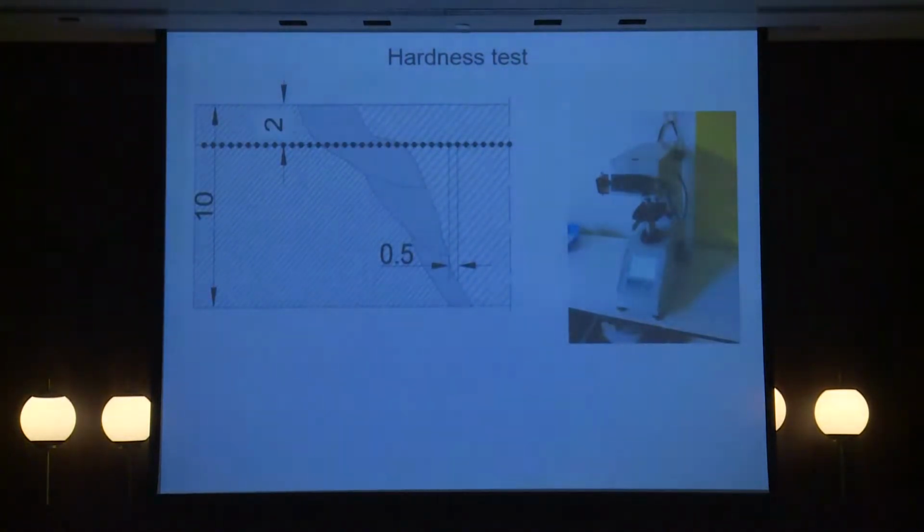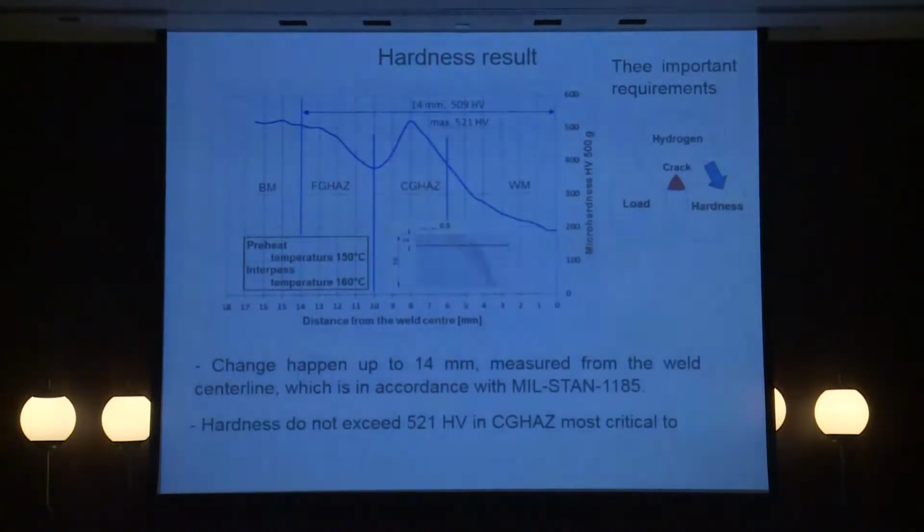After testing, we performed a hardness test. The first hardness measurement was 2 millimeters from the top surface, and the results are as follows. Change happened up to 40 millimeters measured from the weld center line, which is in accordance with military standard 1185.